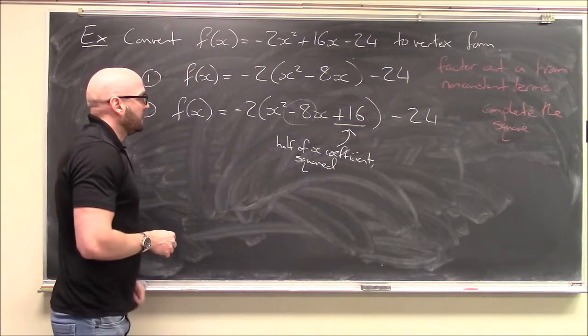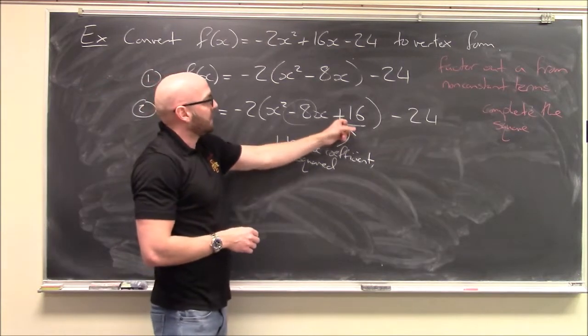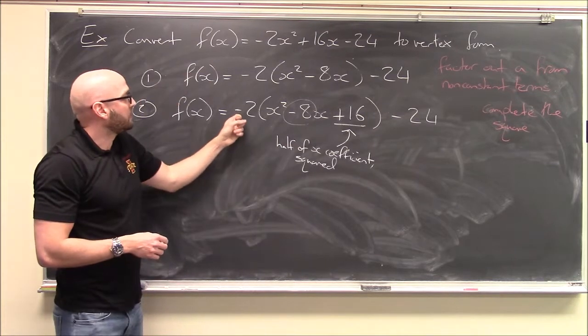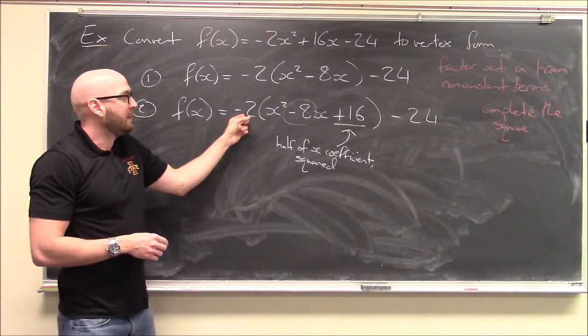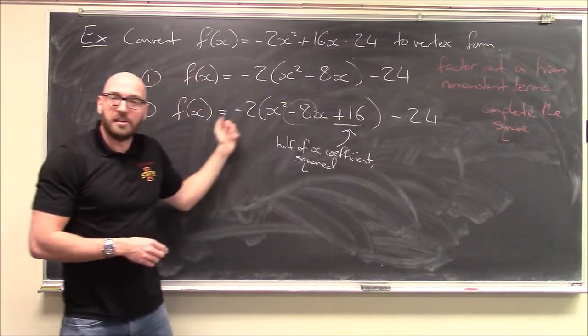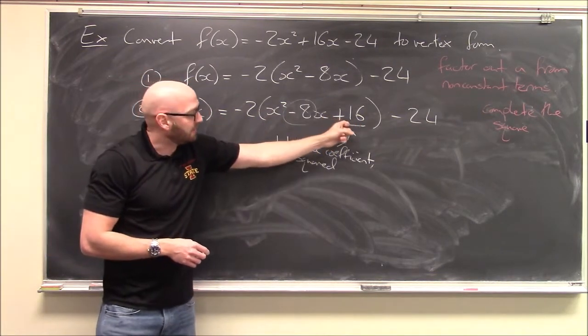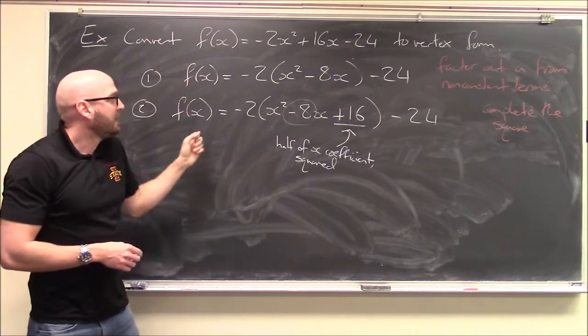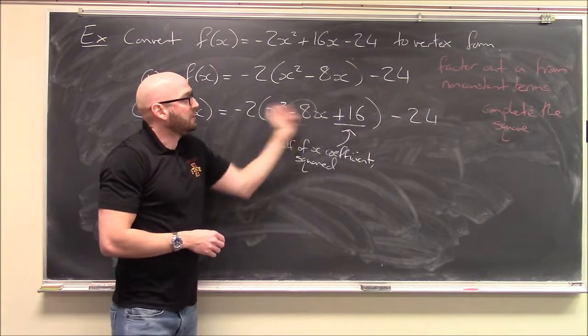So what am I really doing here? If I add 16 on the inside, I didn't have this before, I've thrown the 16 on the inside, well that 16 is multiplied by minus 2. So 16 times minus 2 is negative 32. So I'm subtracting off 32 from this entire function.